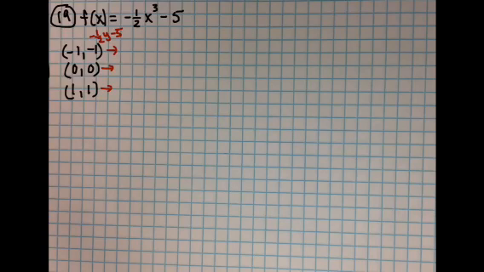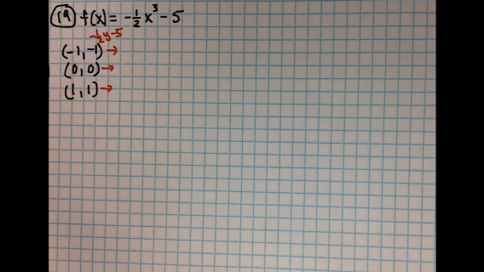Okay, so this cubic function has reference points -1, -1, 0, 0, and 1, 1. A is -1/2, K is -5. So remember, A and K affect the Y only. So the X is going to stay the same.